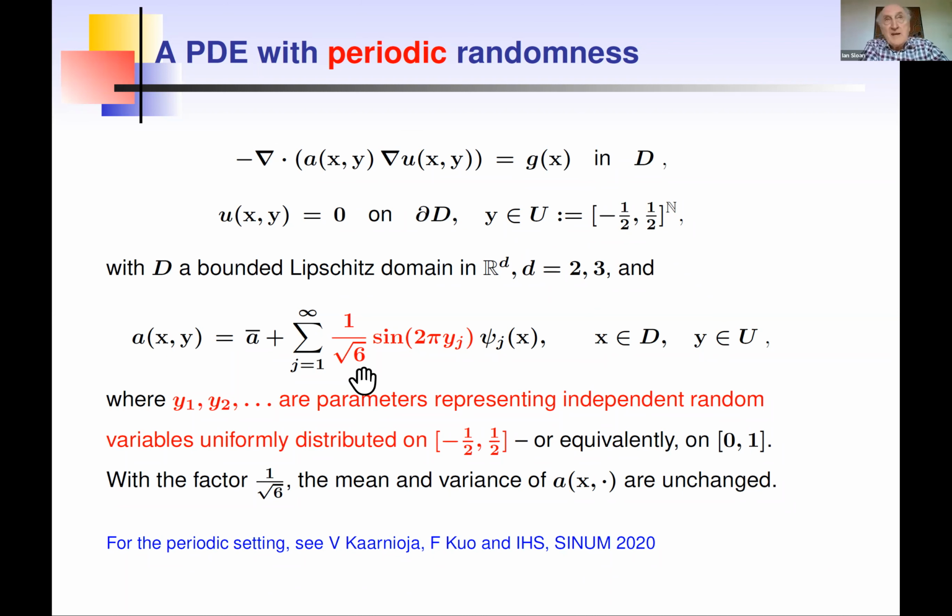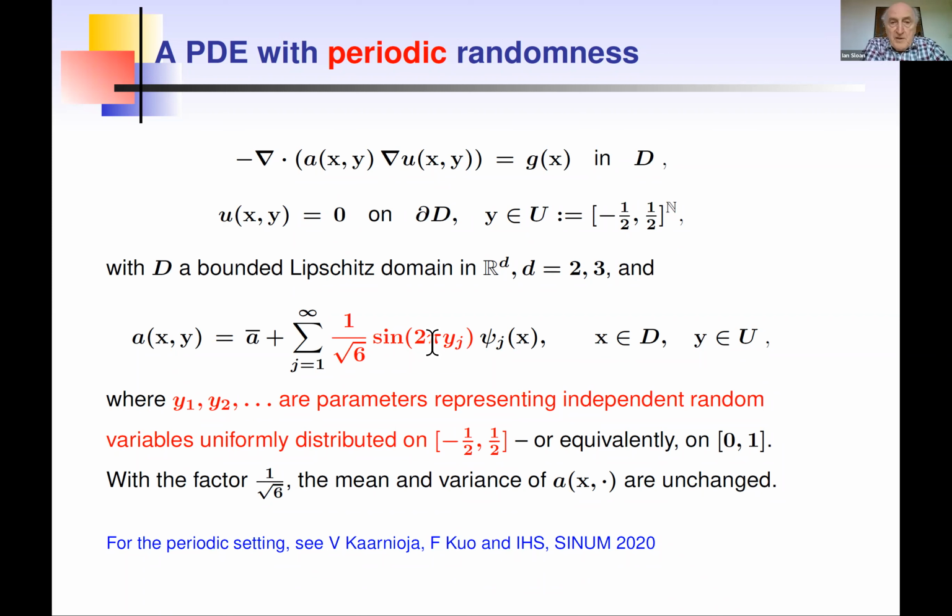So this is not exactly the same model as the one usually studied. The y_1 up to y_s are still parameters representing independent random variables, but now we have this sin(2π y_j) in here. This makes the randomness periodic. It doesn't make the physical field periodic; it makes the random variable periodic. And periodicity has wonderful benefits in mathematics, as we all know.